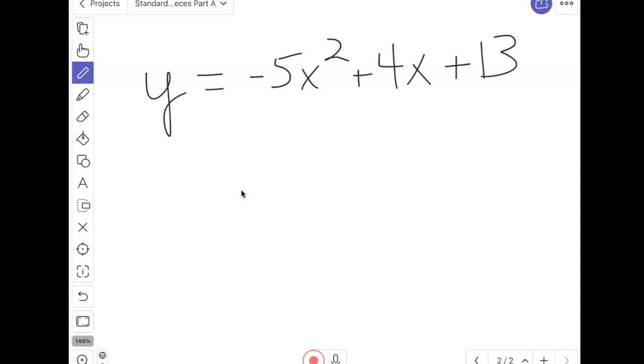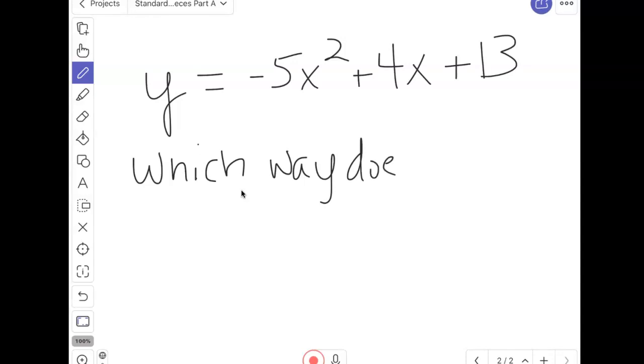The first question is, which way does it point? My stylus isn't working, so that's why I'm using my finger. And then, why?